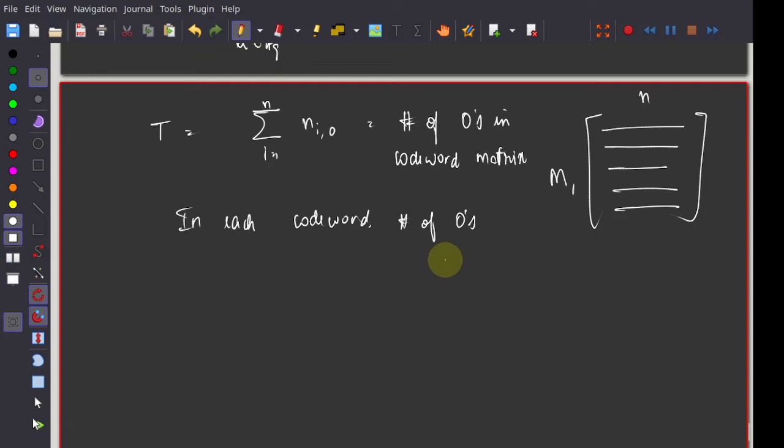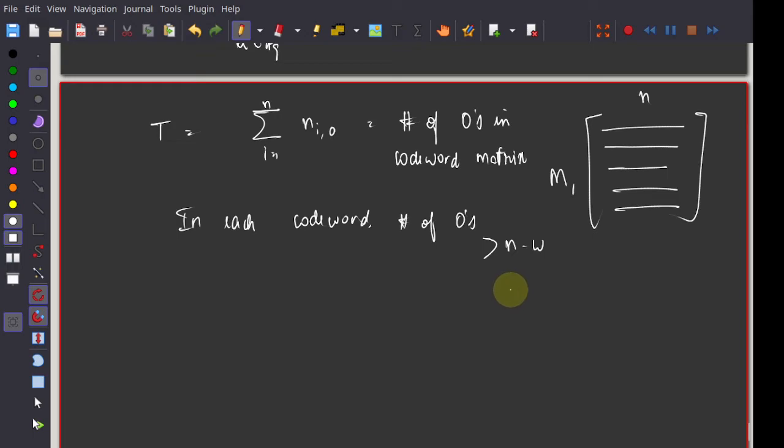The number of non-zero elements is less than or equal to W in each code word.